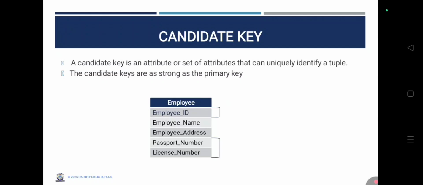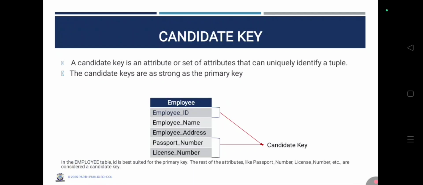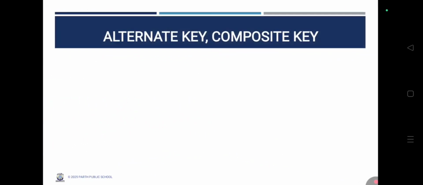So all these three will act as candidate keys. So a primary key is a field which can uniquely identify each record in a table. Candidate keys are all those fields which can uniquely identify each record in a table. Now the next are alternate keys and composite keys.